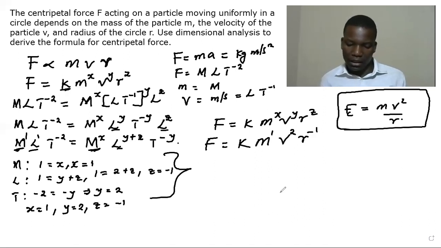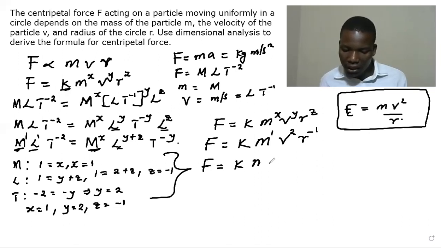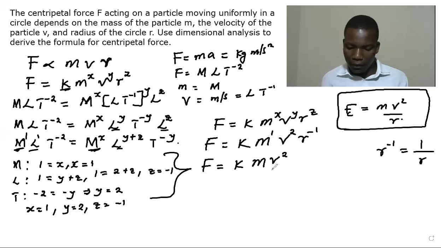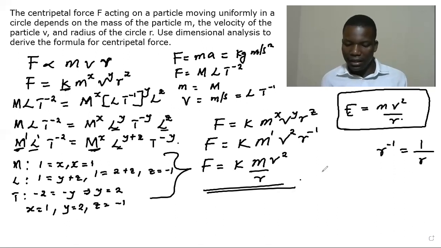This is how the equation is going to look. Then we have force is equal to K, M to the power 1 is M, and V squared. And then R inverse is the same as 1 over R. So we have V squared over R. So we have derived the centripetal force using dimensional analysis.